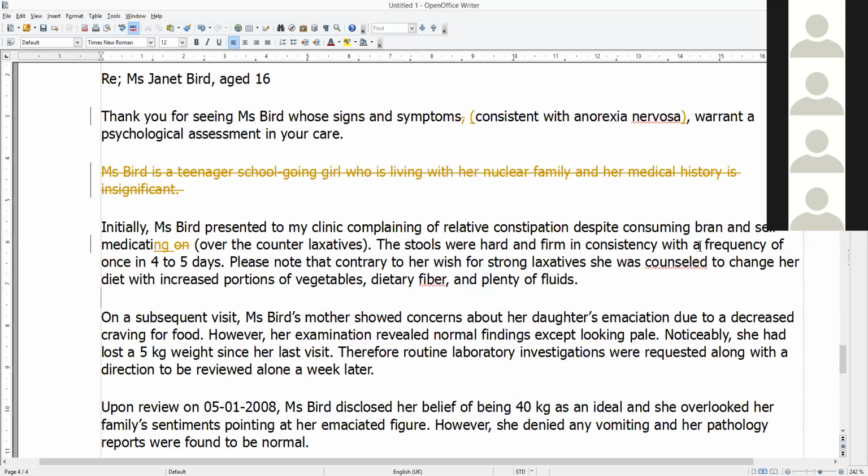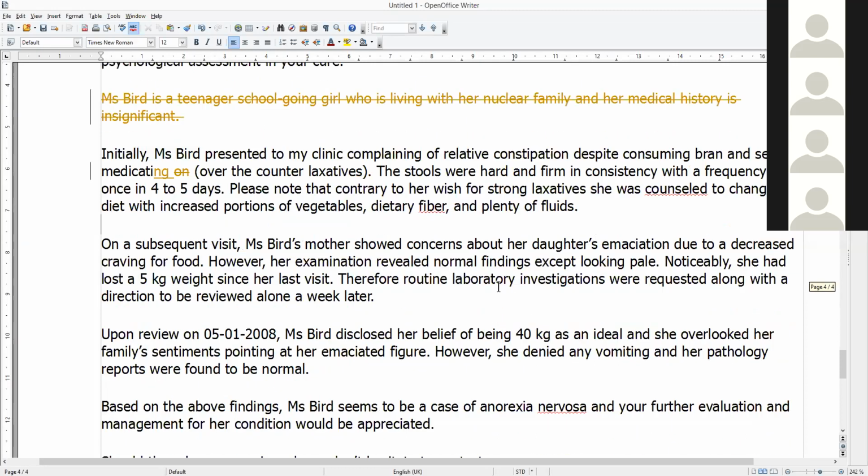With a frequency, well, it's only once every 4 to 5 days. Contrary to wishes, strong action, she was counselled to change her diet. Good sentence, yeah.